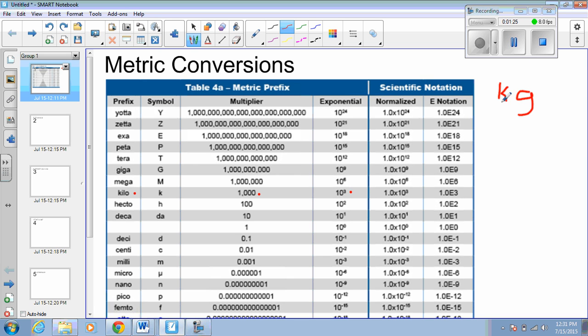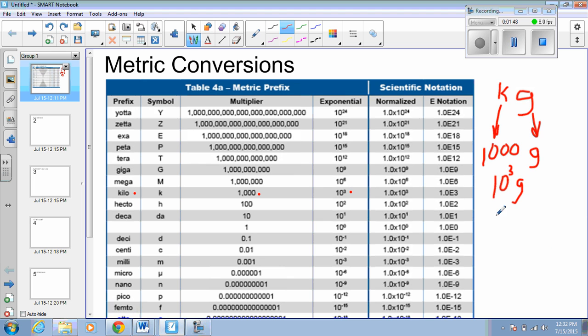A kilogram is 1,000 grams, right? Or another way to write that is 10 to the third grams.